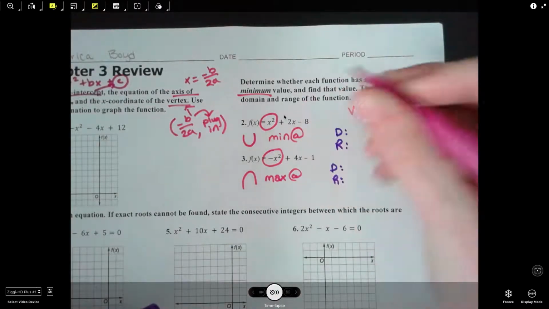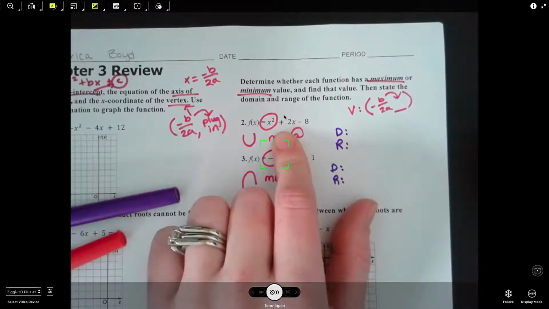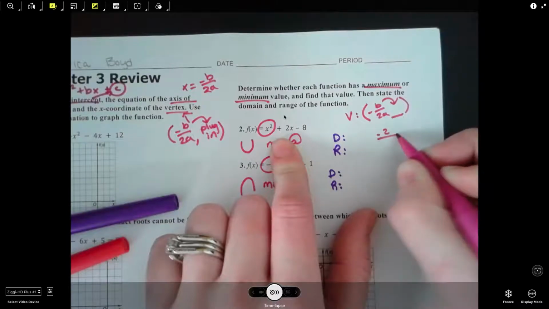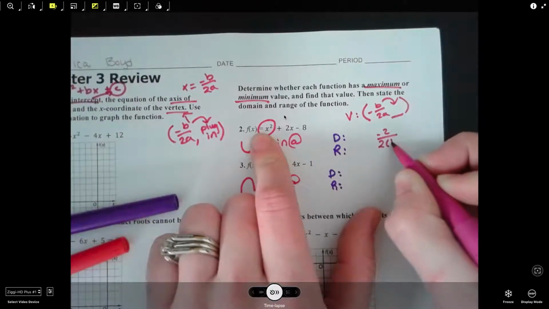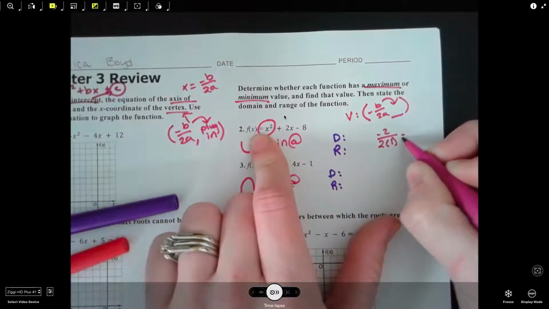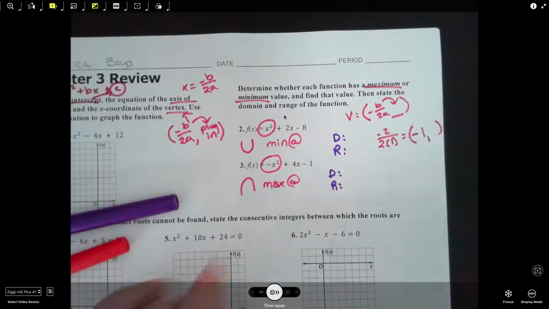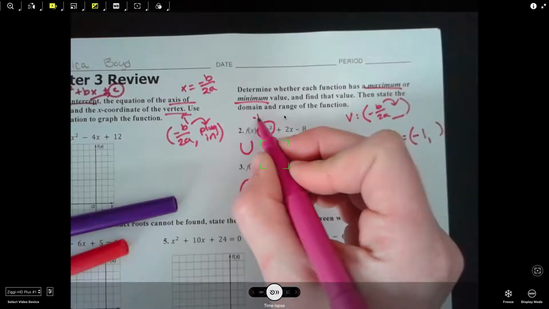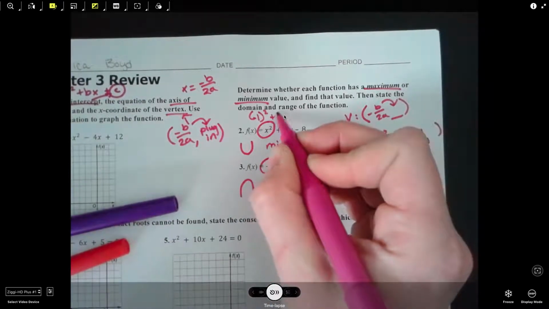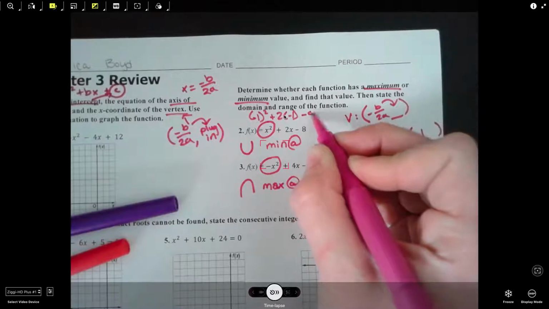So negative b over 2a for this function, what's b? 2. So negative 2 over 2 times 1, which is negative 1. Okay, negative 1 comma something. I need to plug that negative 1 back in. Negative 1 squared plus 2 times negative 1 minus 8.